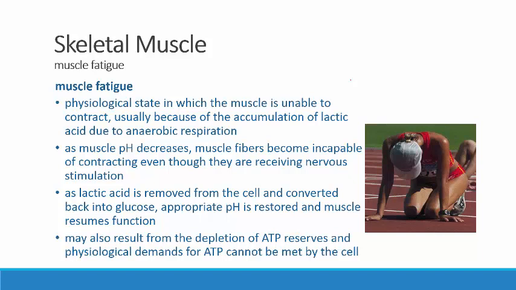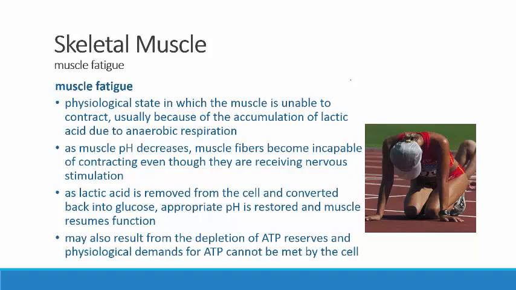And so as the pH of the interior of the cell, the cytosol, becomes lower and lower, eventually the muscle fibers will become incapable of responding to the nervous stimulation with a contraction.